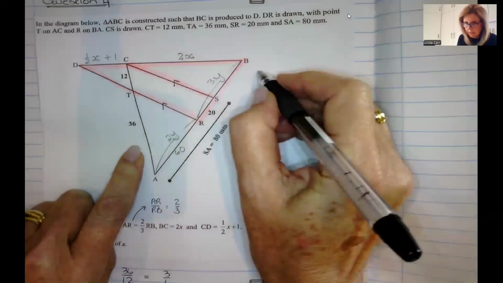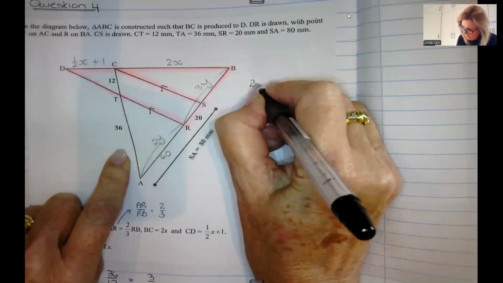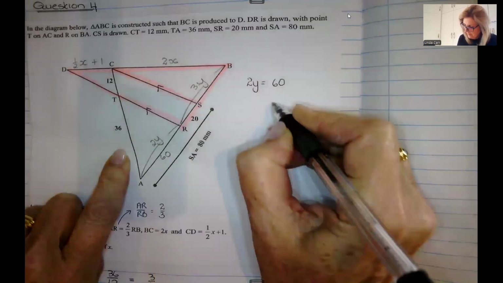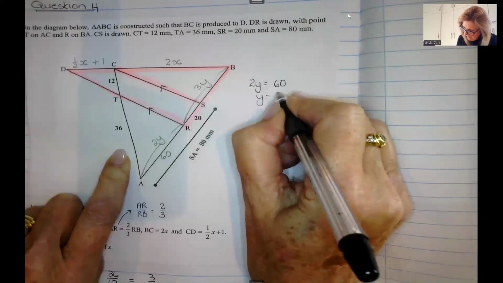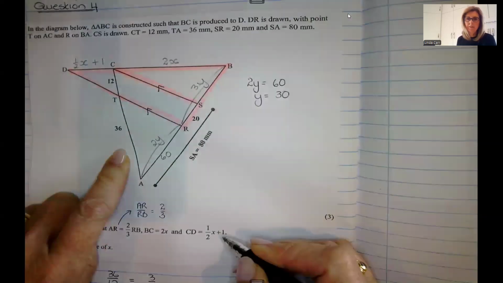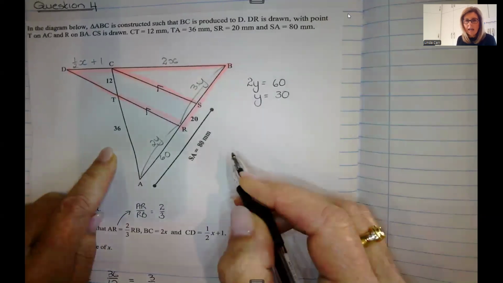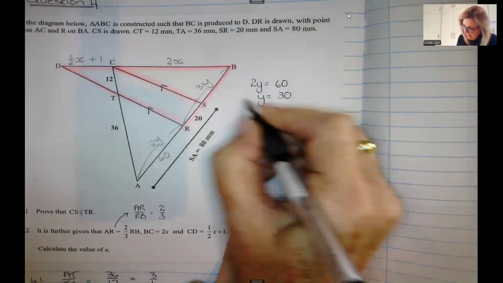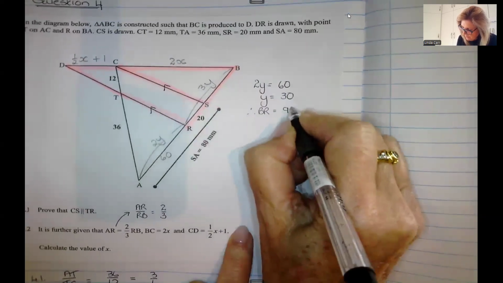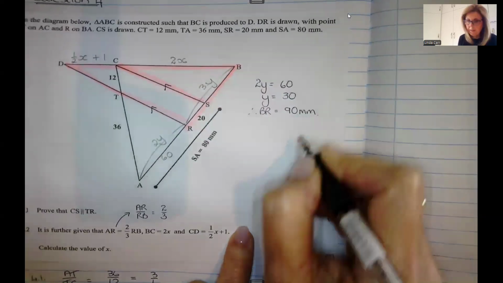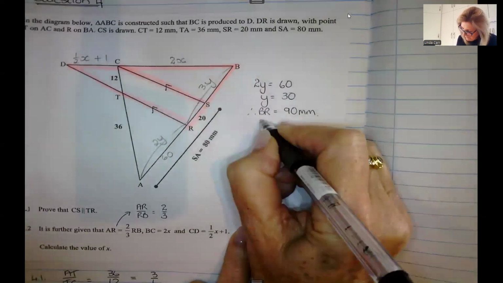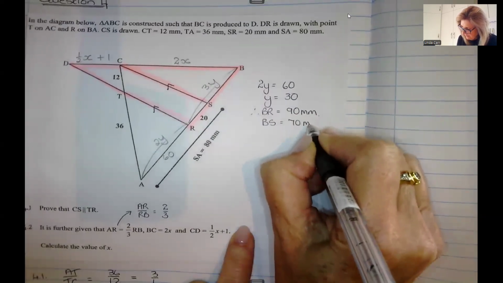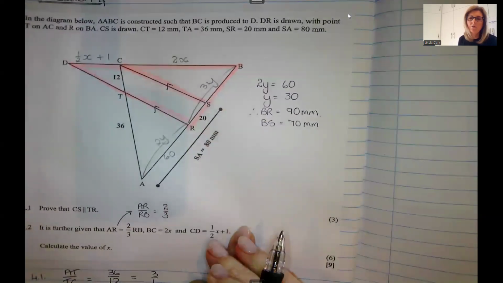That is part of my working out. So 2y is equal to 60, and therefore y must be equal to 30. So if y is 30, then BR has to be 3 times 30, so it must be 90 millimeters, which finally means that BS must be 70 millimeters because SR is 20.